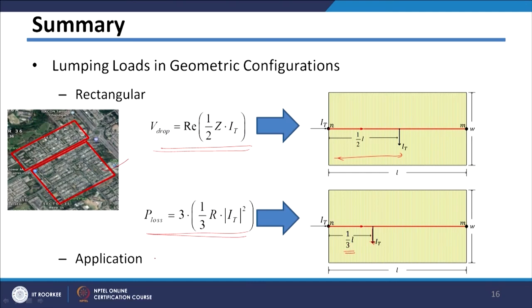And we have also seen the application of this while selecting the voltage levels of the feeder. We can approximately calculate how much voltage drop will be happening for different voltage levels, and we can suitably select the voltage level which is giving the voltage drop within the limit. Similar application, you can use it if you are interested in calculating the cross section of conductor.